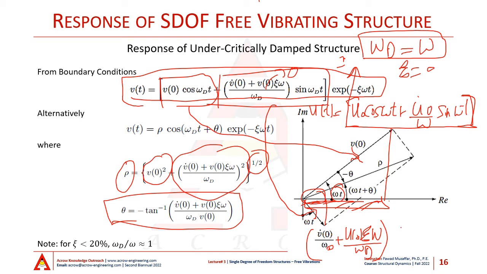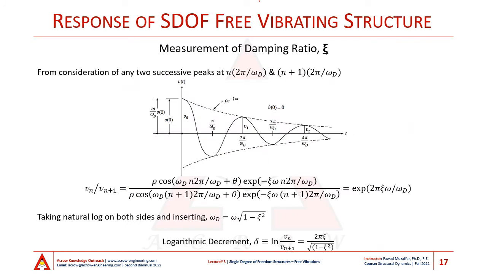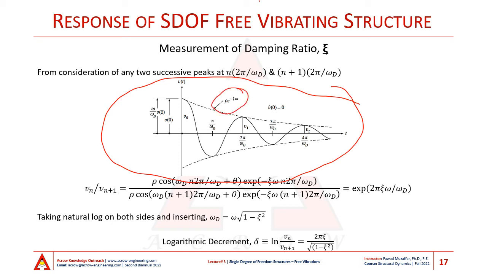So if we plot the response of an underdamped system as a function of time t, this is how the plot looks like. Note that the envelope which envelopes the peaks of the response, the magnitude of the rotating vector, is given by these dashed lines.